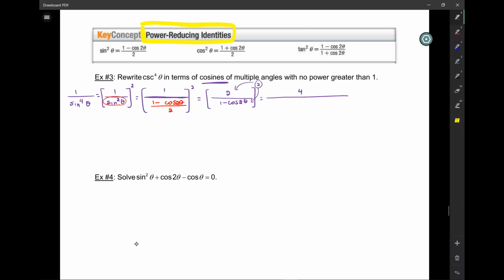Now we're going to square this. It's 2 terms. When I square it, how many terms should I have? 3. So it's going to be 1 minus 2 cosine 2 theta plus cosine squared 2 theta. Darn, I have a square again.